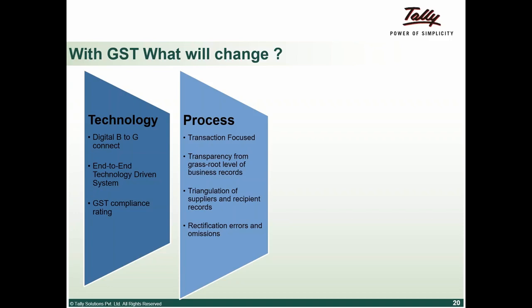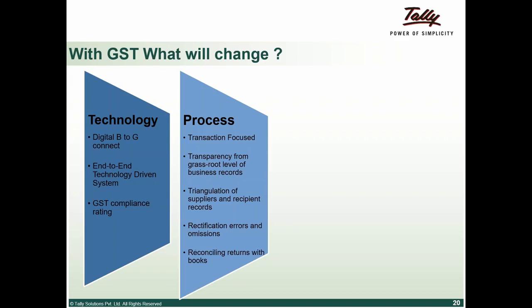Otherwise, if the discrepancies are not sorted out within the prescribed time, and you have claimed input tax credit, you will have to repay that input tax credit along with interest. So that's what the law specifies. Then the other aspect is the reconciling of returns with your books of account, which is very important.